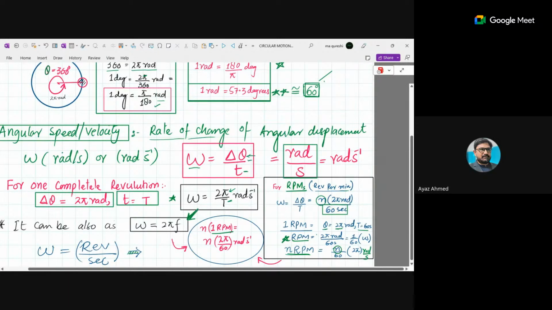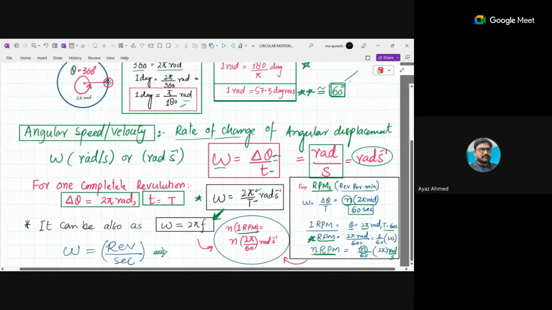So if there is a change in angular displacement, I can have delta theta divided by time, which gives me a new physical quantity, angular velocity. Its unit is radian per second, usually written as rad s^-1.